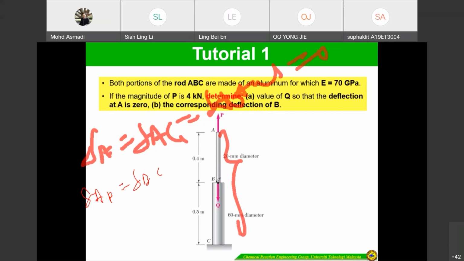Since AB is in tension and BC is in compression, from equation number 1 and equation 2, you get delta AB and delta BC.